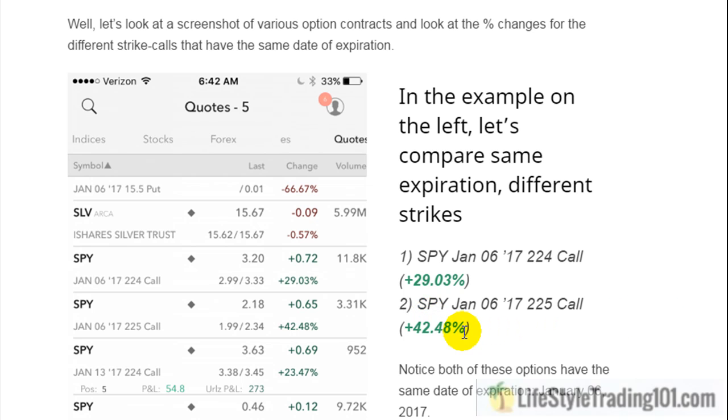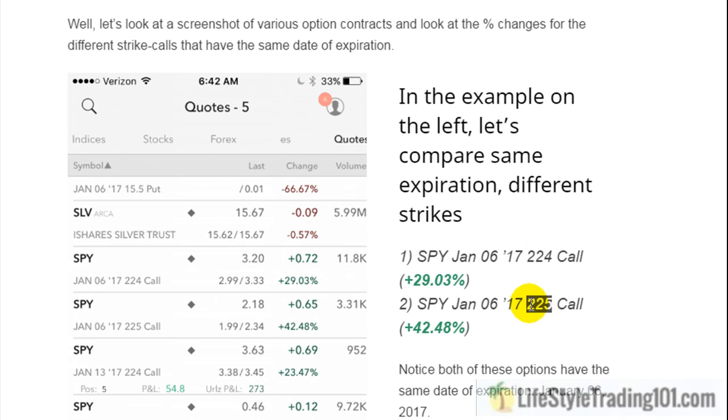Now, why is it that one of them was 43%, but the other one was like 13% less at 29%? Well, they both expired on the same day, but one of them was a 225 strike, and the other one was a 224 strike, right? So the 224 strike was closer to in the money. I'm not sure whether it was in the money or at the money or slightly out of the money.